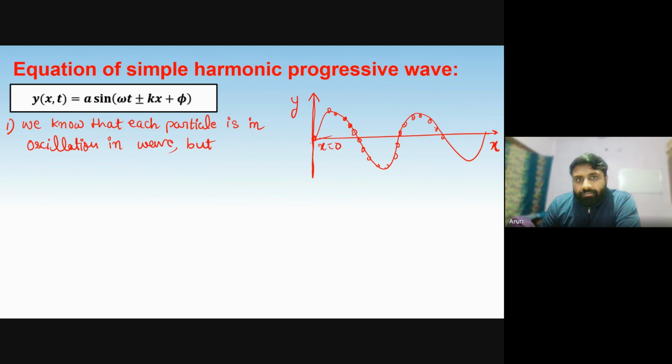But instead of writing each particle, we will write: when the source particle, from where the disturbance is generated, is in SHM, then that wave is termed as what?